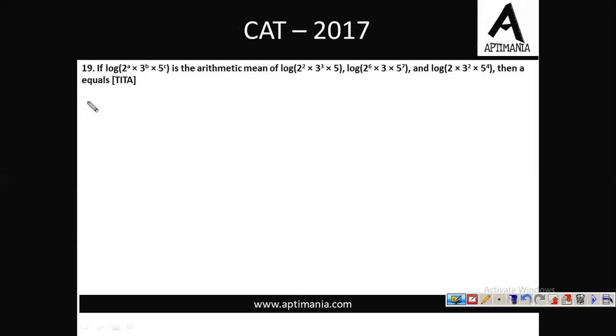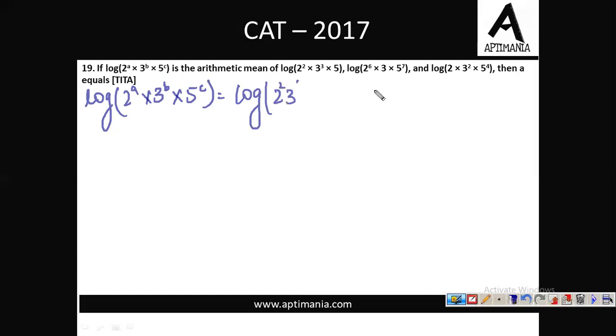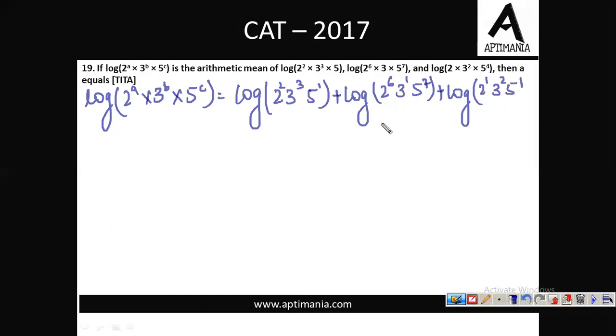And arithmetic mean means log 2 power a into 3 power b into 5 power c should be equal to log 2 square 3 cube 5 power 1 plus log 2 power 6 3 power 1 5 power 7 plus log 2 power 1 3 square 5 power 4 divided by 3.